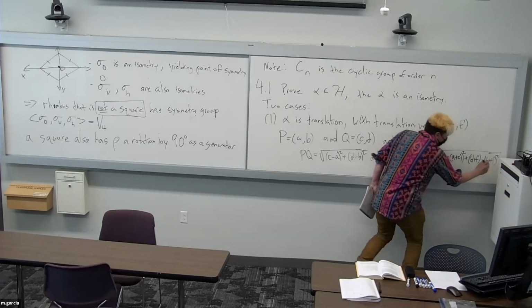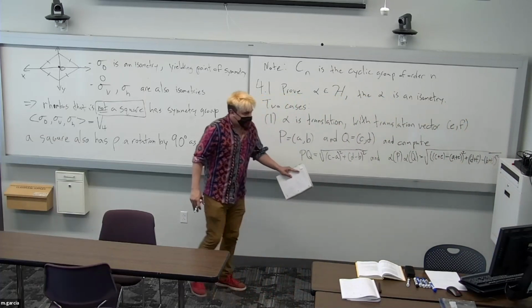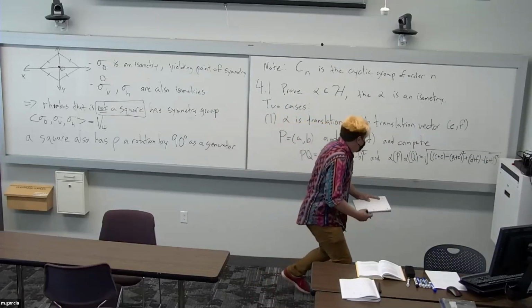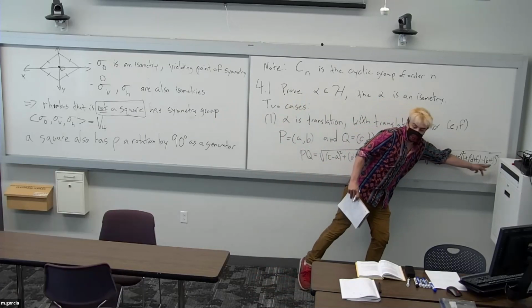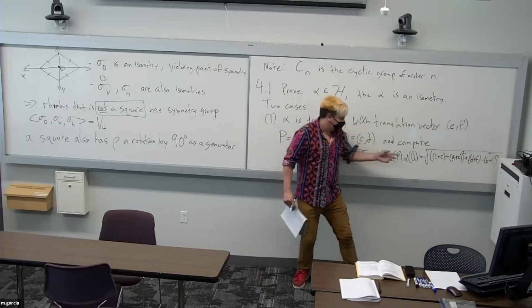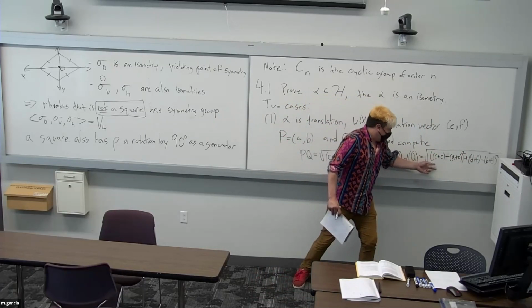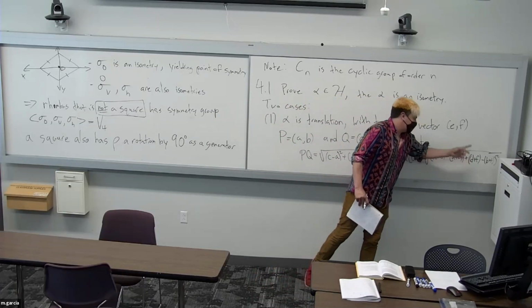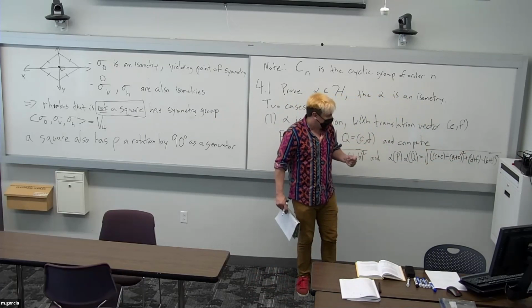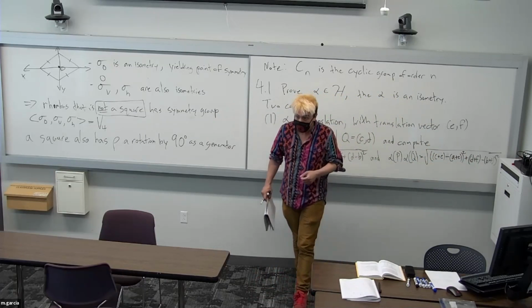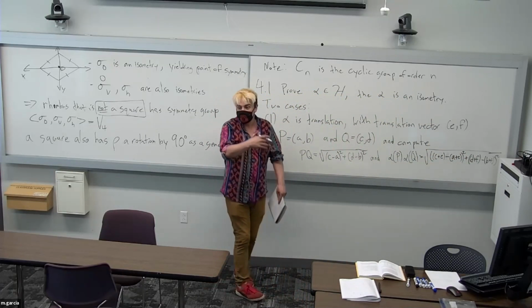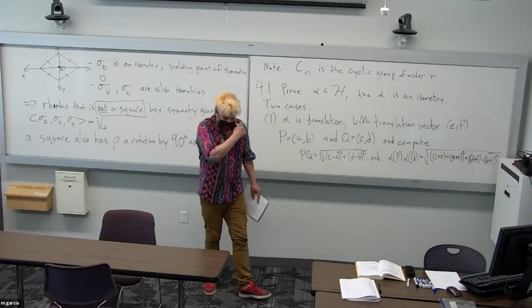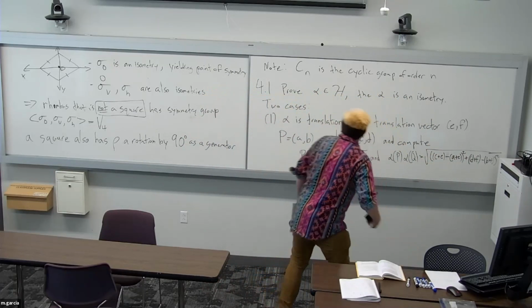Sorry, got a little cramped over here. But hopefully you can see that these are equal, right? My E's cancel here, my F's cancel here, and I just get the square root of C minus A squared plus the D minus B squared. Okay, so therefore distance is preserved. We have an isometry if alpha is a translation.